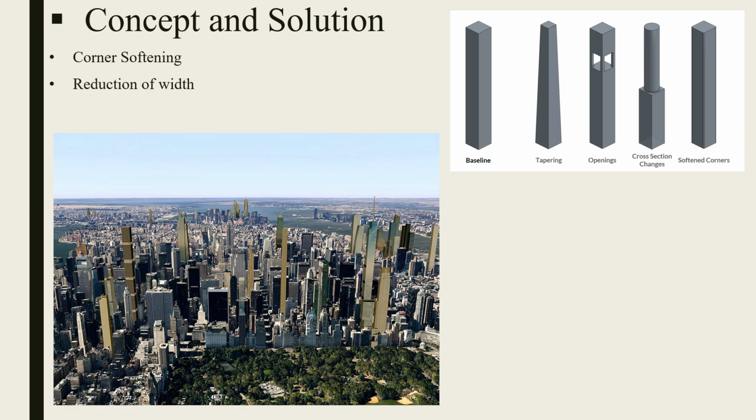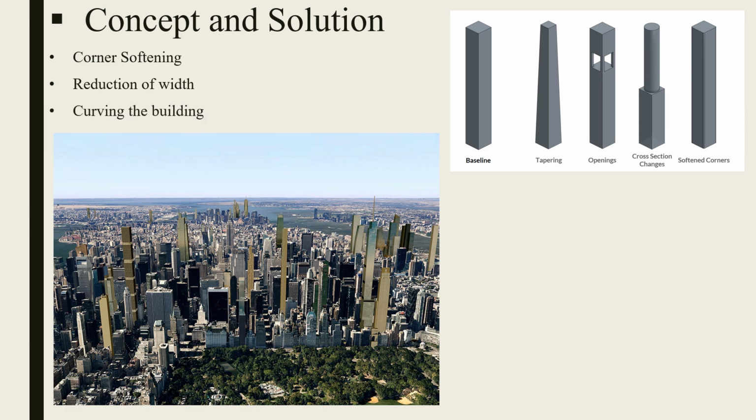With this approach, they can alter the wind to have less load at the top, which is the place where it can cause the moment or the bending to the building superstructure.